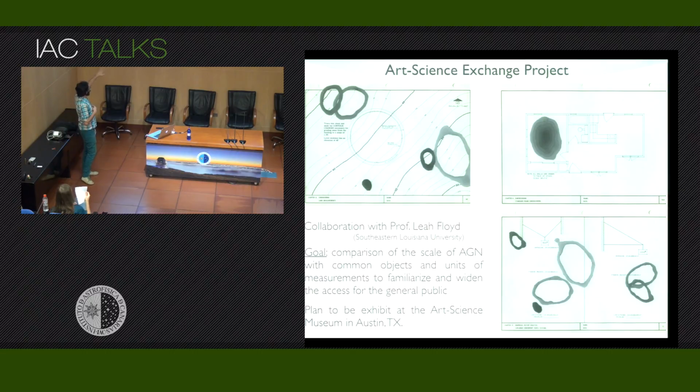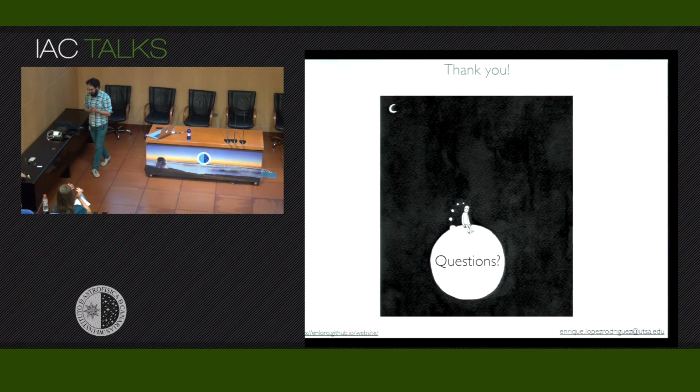So the idea is to make this construction of the images of CanariCam, for example, NGC 1068, and we are planning to exhibit it later, when the paper is published, in the Art Science Museum in Austin, Texas. That's all. Thank you.